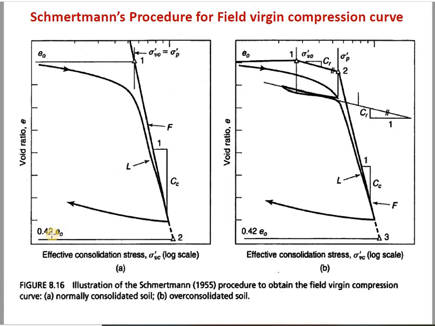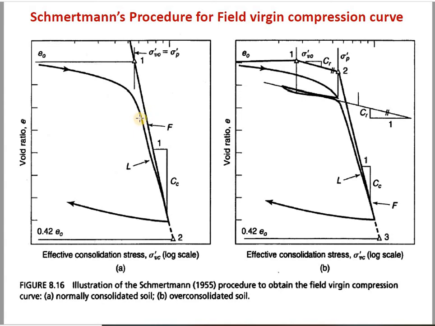So 0.42 e naught he calculates, and you draw another straight line parallel to the x-axis such that it meets the extended portion of the virgin compression curve, that is point 2. Now you join point 1 and point 2, and you get a curve which is denoted here as F. That curve is the field virgin compression curve, and you can see how it is changing.